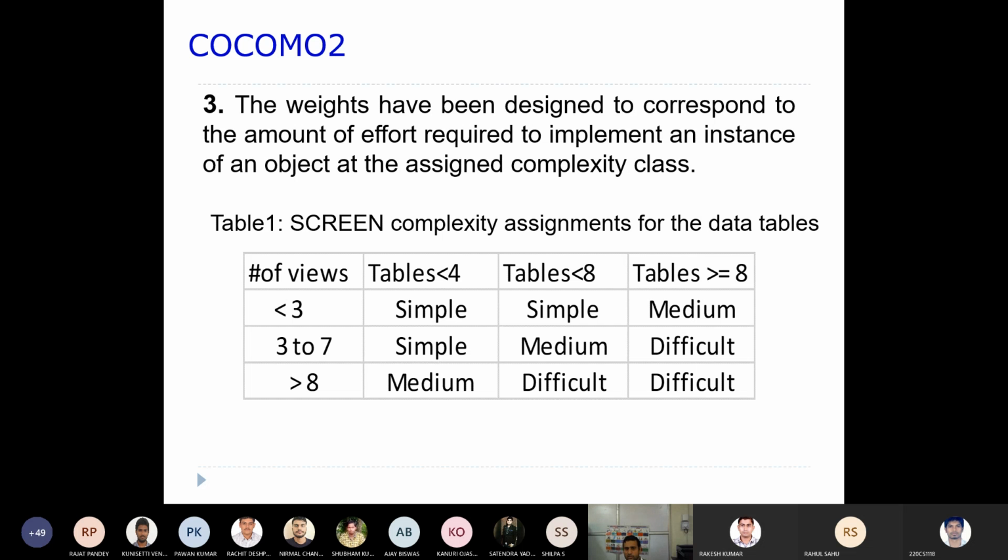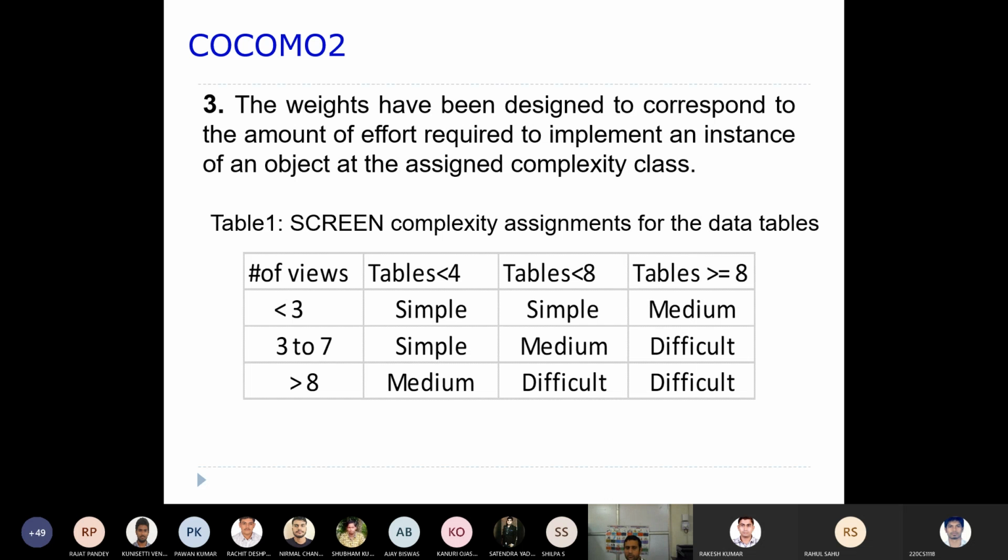For example, as part of your screen, the number of views you may require is less than 3, and the number of tables is less than 4. I mean you require fewer than 4 tables, so maybe you have 1 or 2 or 3 tables.